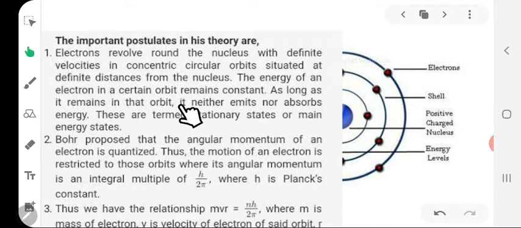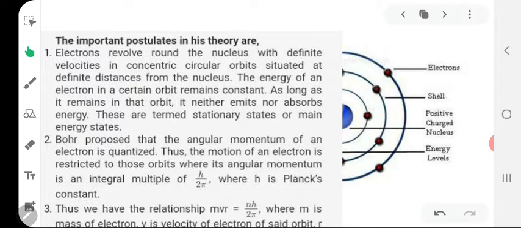The energy of an electron in a certain orbit remains constant. As long as it remains in that orbit, it neither emits nor absorbs energy. These are termed stationary states or main energy states. The circular orbits are also known as energy levels or energy shells, as you can see over here.